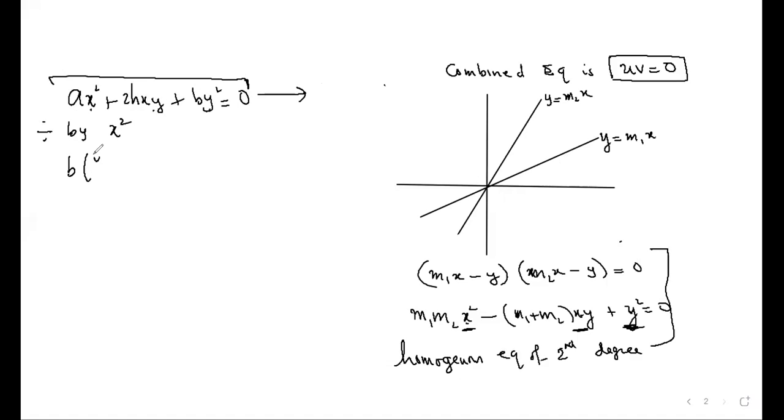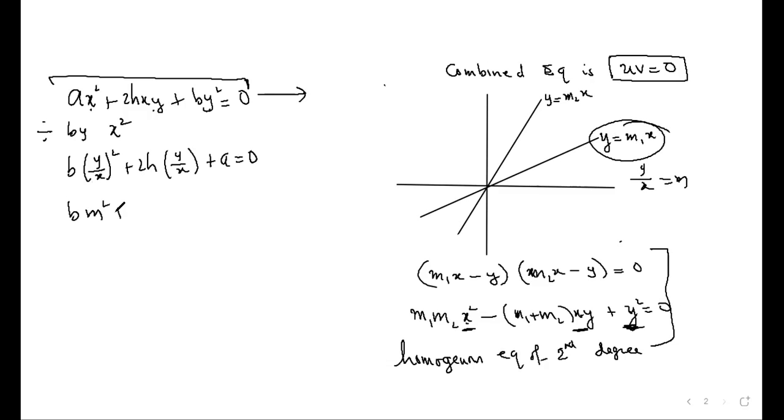So b into (y by x) the whole square plus 2h into (y by x) plus a equal to 0. Because the line is passing through the origin, y by x is the slope. So I get bm square plus 2hm plus a equal to 0, and this is known as the auxiliary equation.